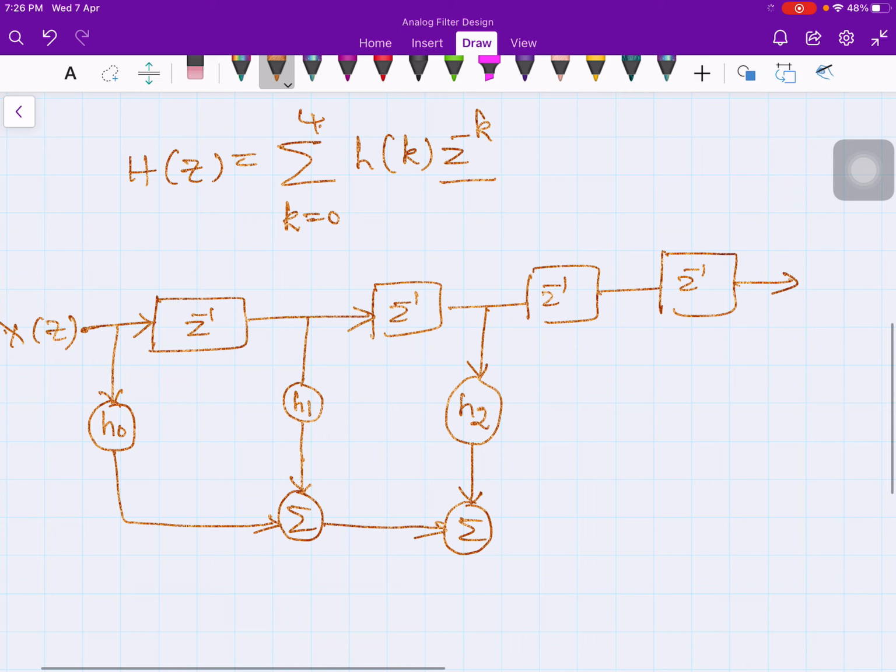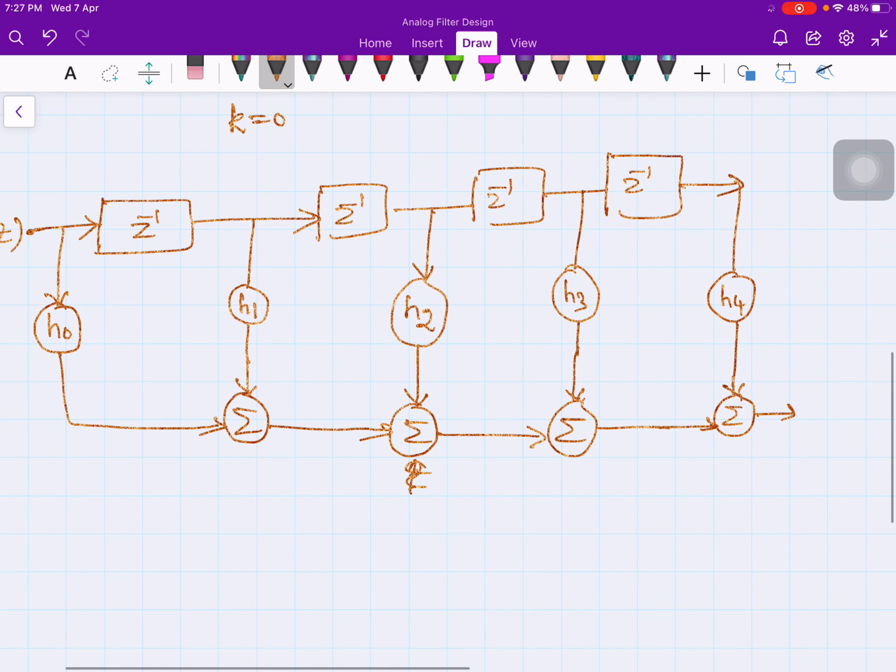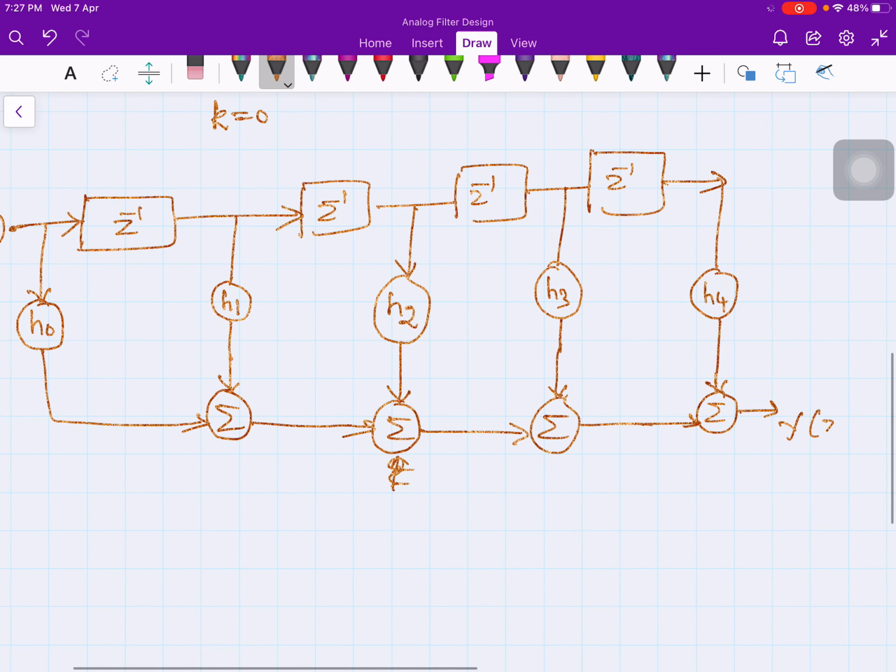Therefore we will have another summer here. Similarly, we have another multiplier h3, and this adds with the previous output like this. And finally you have h4, and these two are getting added here, and this is your output capital Y(z).